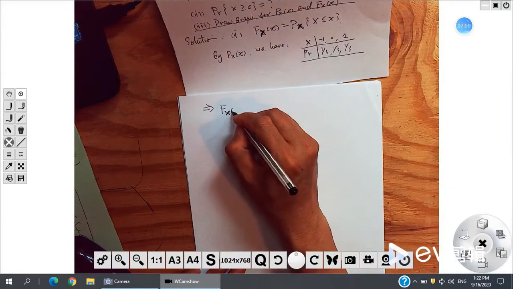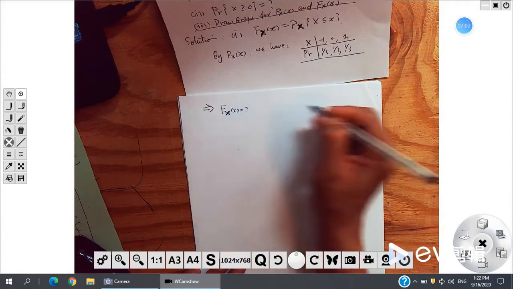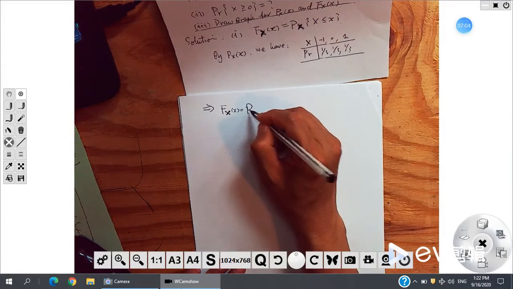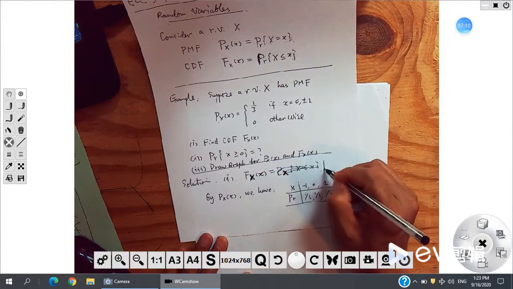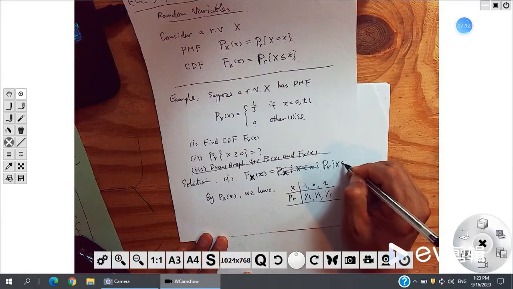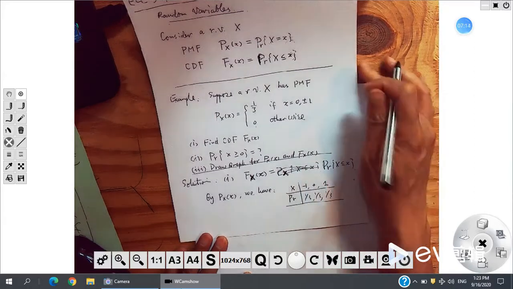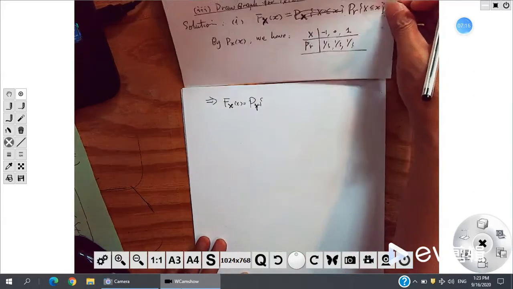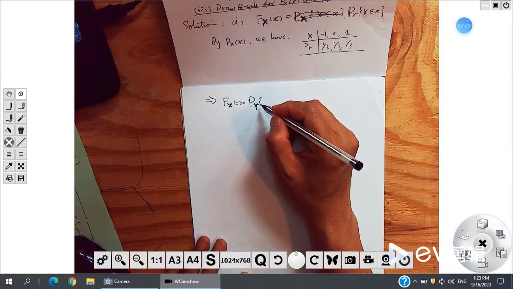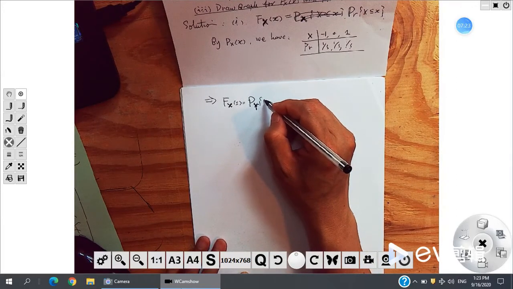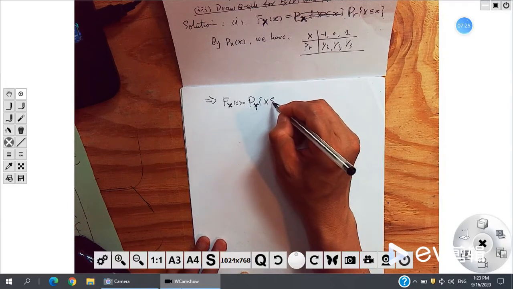By definition, F_X(x) is the probability of capital X smaller than or equal to x.